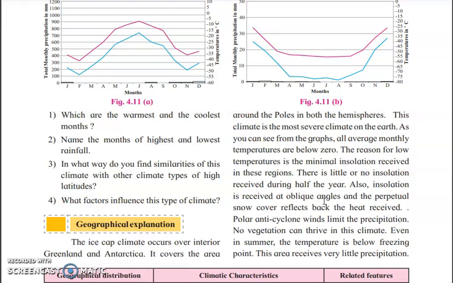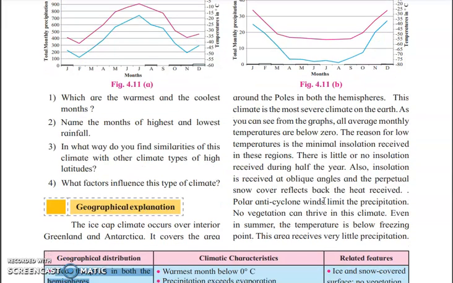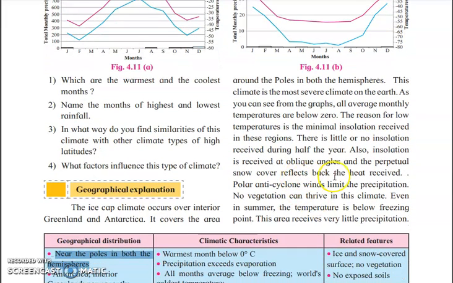Insolation is received at oblique angles and the perpetual snow cover reflects back the heat received. Okay, so whatever heat is received on the ice sheet, that ice reflects the sun rays back. So because of that, the sun rays cannot reach over here. Polar anticyclone winds limit the precipitation.